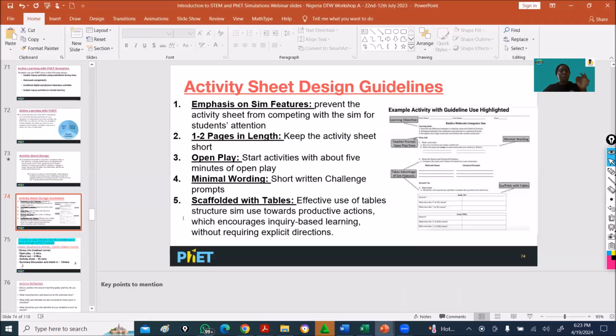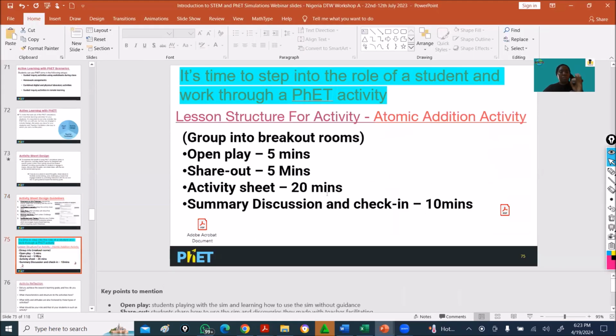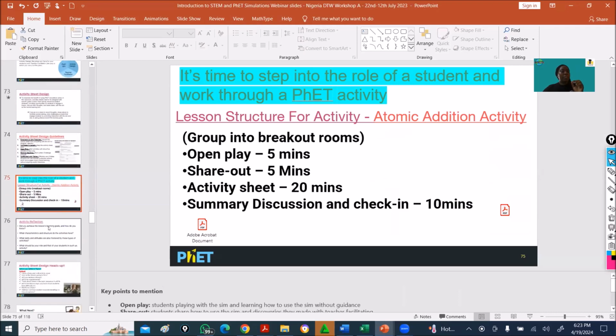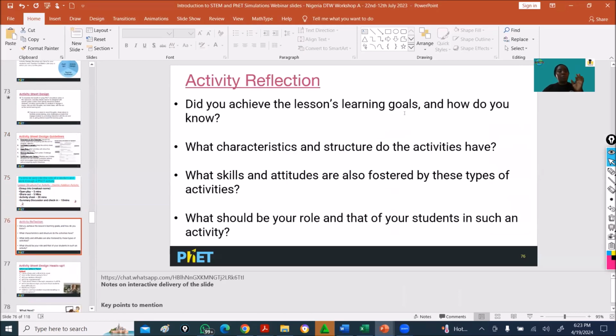So coming here, we've just done this. For your activity, there are some things that you should reflect on before you start creating an activity sheet. Did you achieve the lesson's learning goal? These are some questions that you should ask even after you create one.